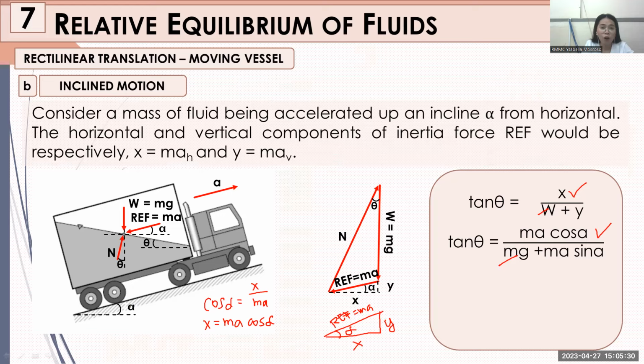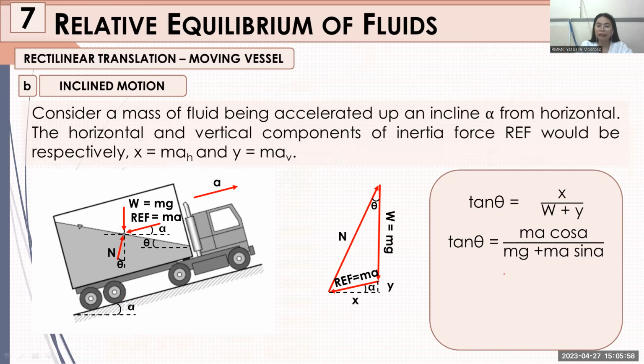And that is opposite over hypotenuse, which is that is sine of alpha is equals to y over mass times acceleration. Therefore, your y is mass times acceleration sine of alpha. That is why y is ma sine of alpha. I hope I am making sense.